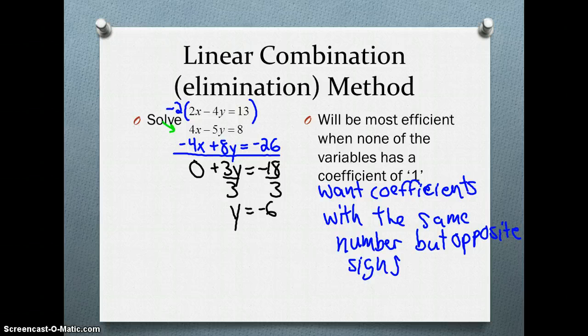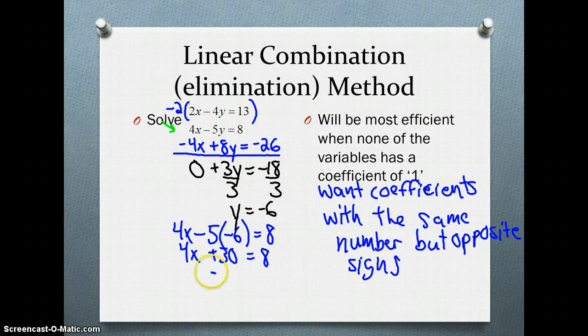Almost done. Again, we need an ordered pair. So we will take this negative 6 for y, and we'll substitute it back into one of our original equations. I'm going to use the second one. 4x minus 5 times negative 6 equals 8. I have 4x plus 30 equals 8. And now I subtract 30 from both sides.